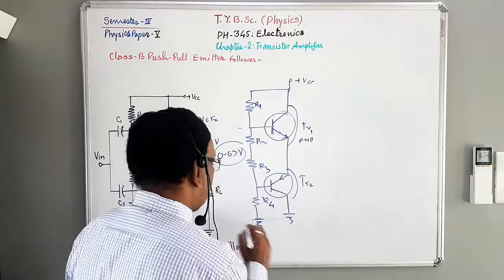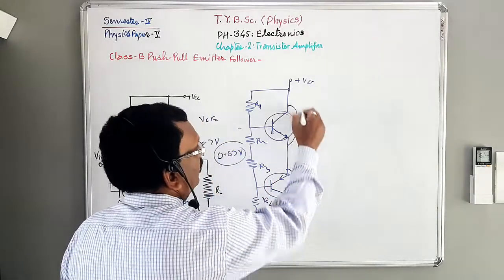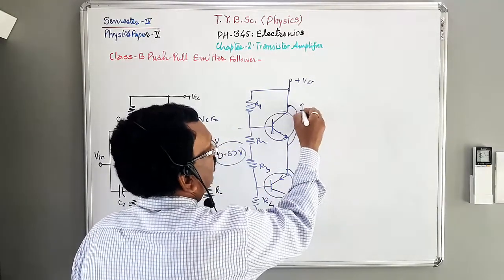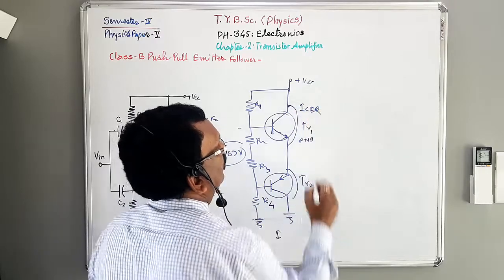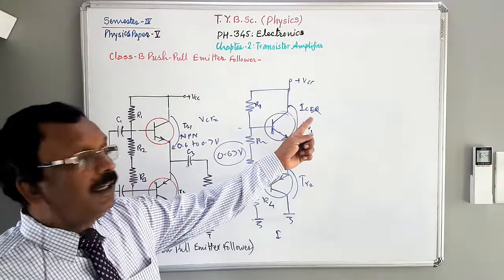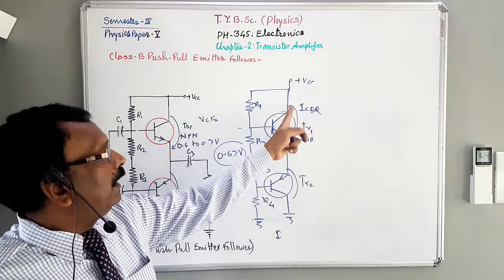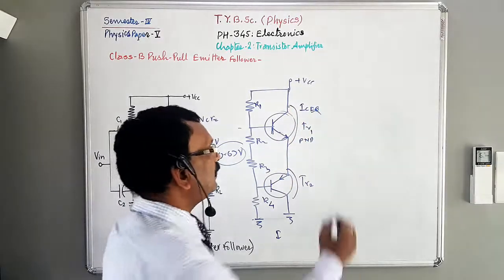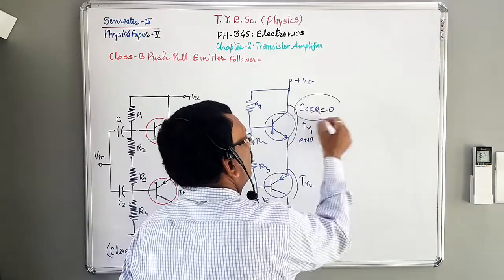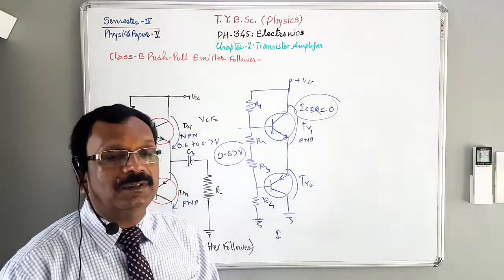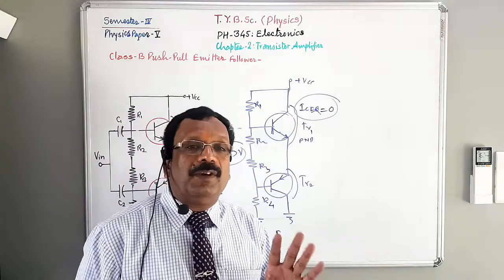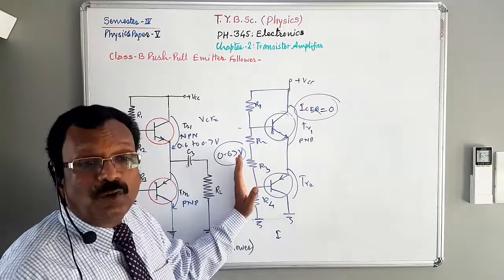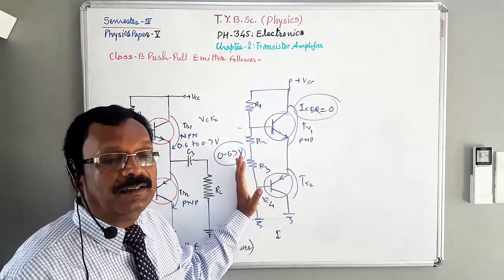Ideally, the current ICEQ, the quiescent current between collector and emitter, is 0. But what happens when there is no biasing?